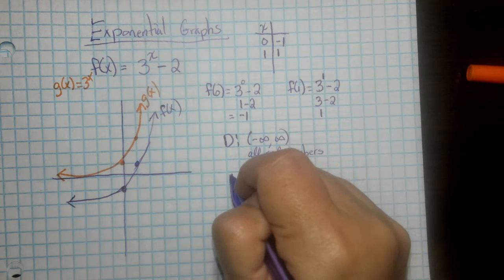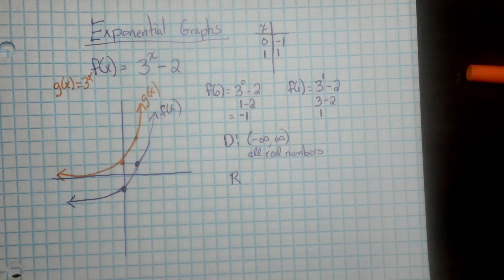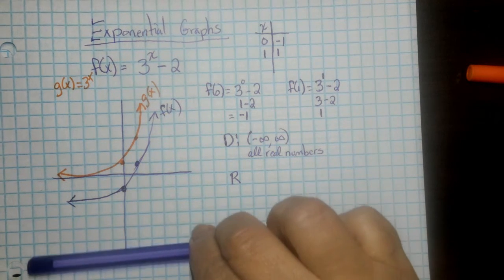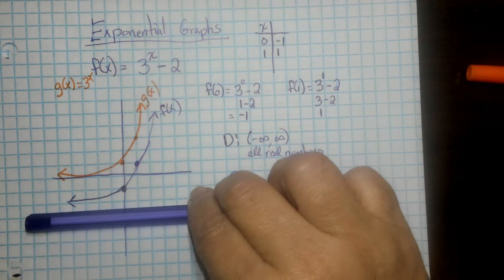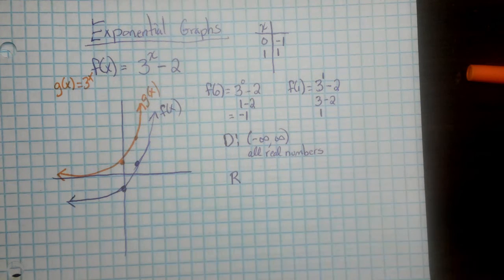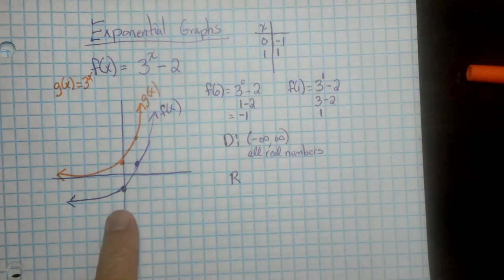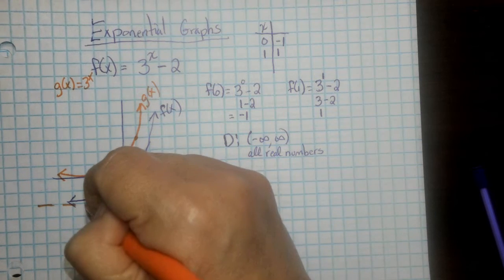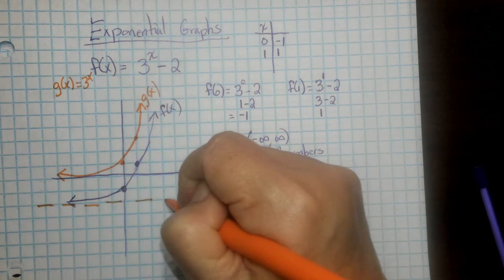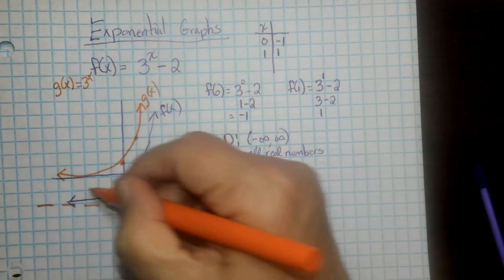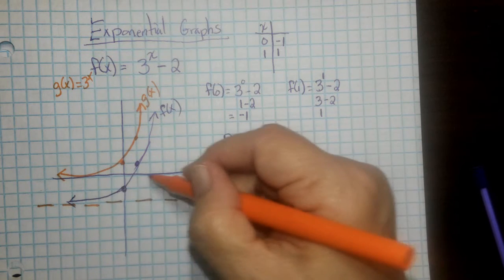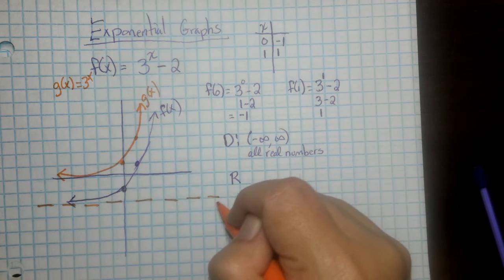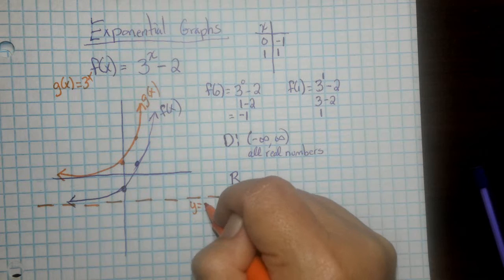Alright, what about our range? Range is all the y numbers. Do we have an asymptote here? Go ahead and draw that in. Our asymptote shifted down 2 units. Usually our asymptote is on the x-axis, so our asymptote shifted down to y equals negative 2.